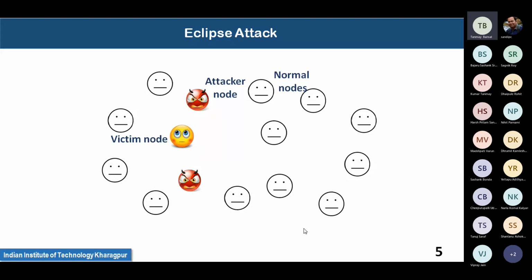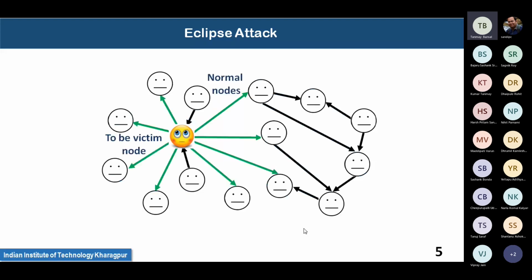So in the previous example, this victim eventually had these peers, and they are generally good nodes. One or two might be rogue, but because it has several others which are good nodes, it can actually carry out the regular operations.